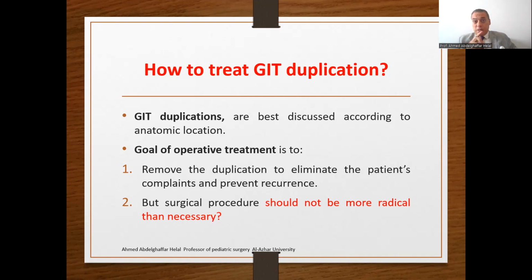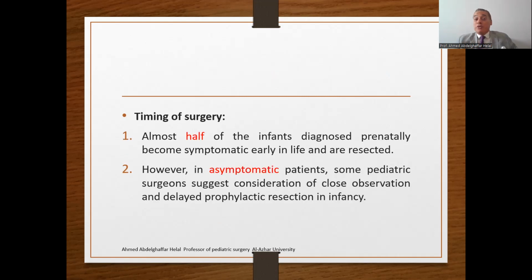Your aim as a pediatric surgeon is to remove the duplicated part, treat the symptoms if it contains ectopic mucosa secreting acid or producing bleeding, and prevent recurrence. Timing of surgery.